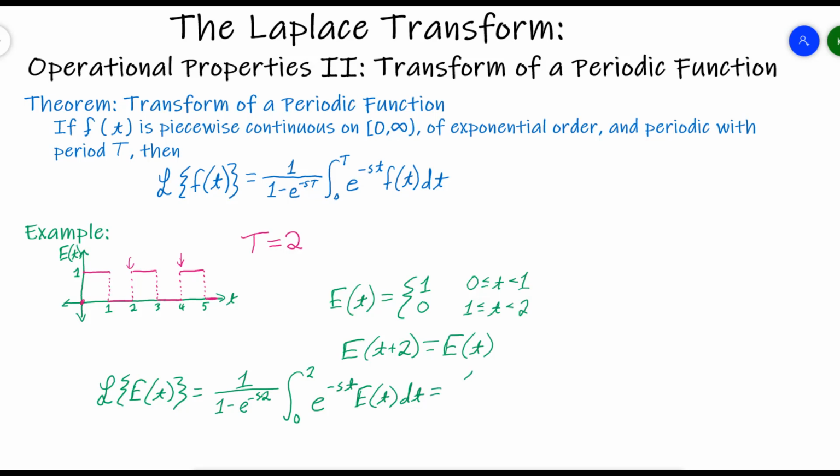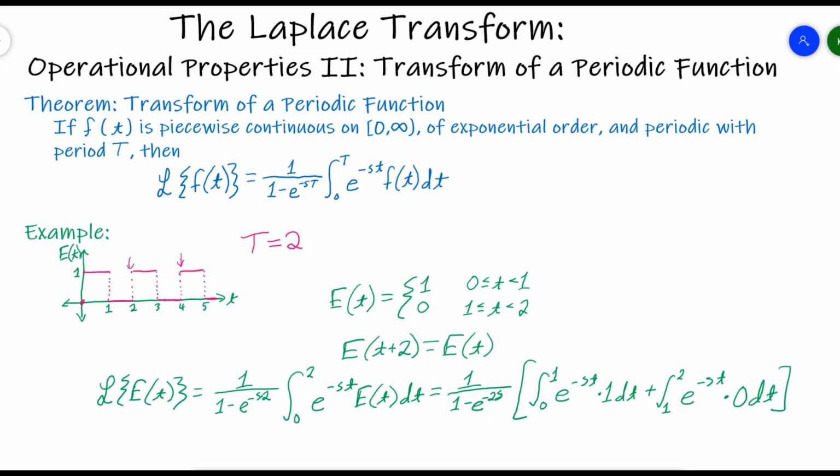So this is going to be 1 over 1 minus e to the negative 2s times the quantity of the integral from 0 to 1, that's where f of t takes its first value, of e to the negative st. f of t is 1 on this interval, so we'll times 1 dt, plus the integral from 1 to 2 of e to the negative st times 0, since it's 0 on this interval, dt.